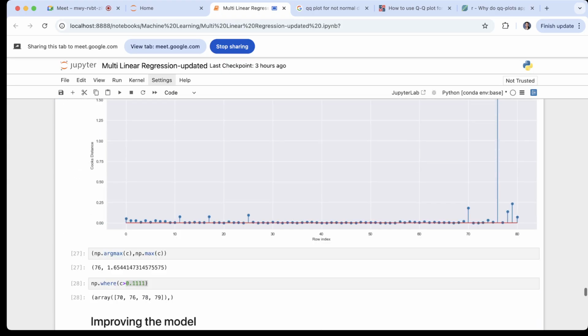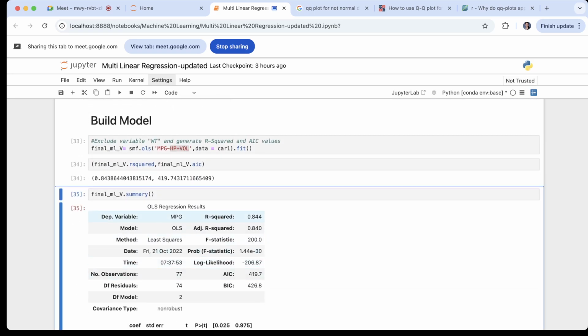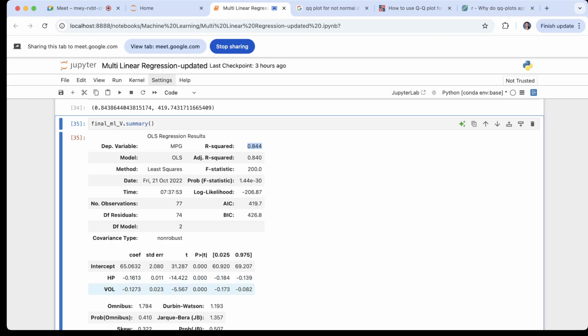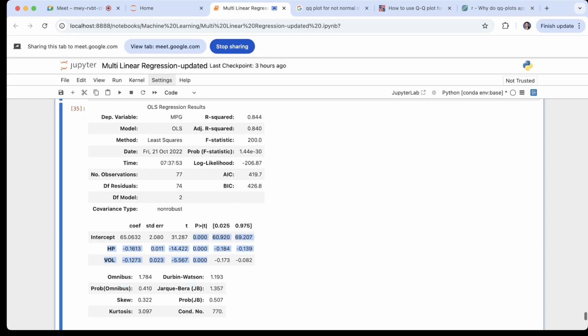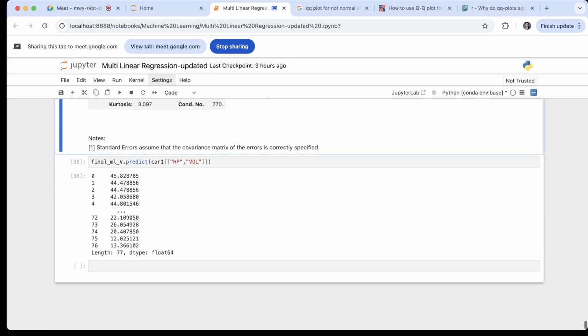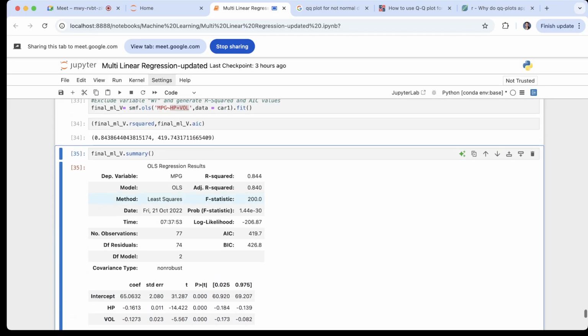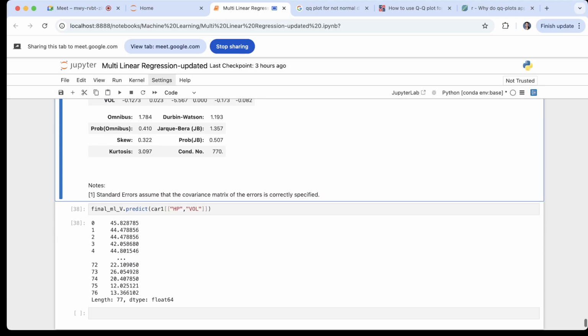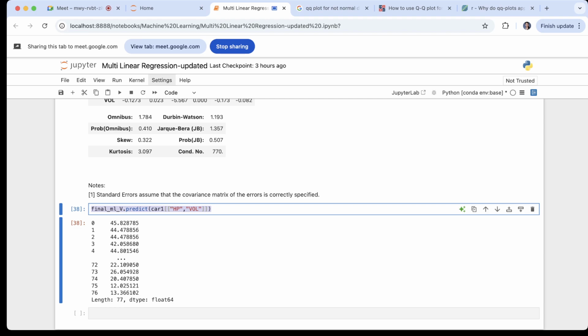Now our new r square value is 0.84. It has increased quite a lot, by almost 10%. We can also see that our p values are near zero, which is a good indication. So all things look good. As it is more than 0.8, we won't do much more on this. So we will just do the predictions, and these are the predictions.